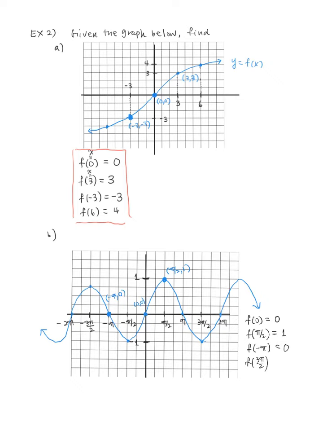When x is 3 pi over 2, it looks like our y value is negative 1. So I'm just going to write it as 3 pi over 2, comma, negative 1. Hence, f of 3 pi over 2 is negative 1. And this is going to be our answer.